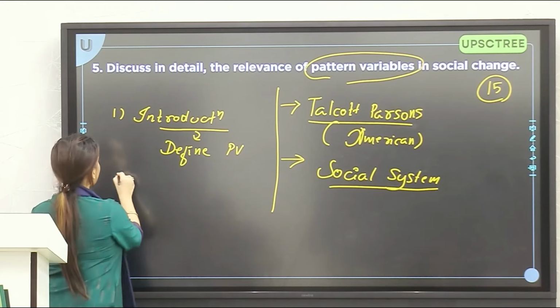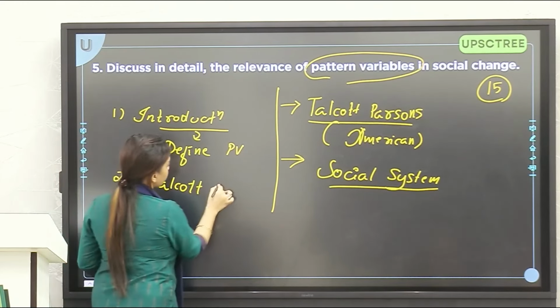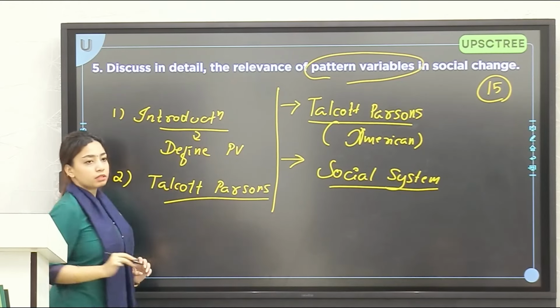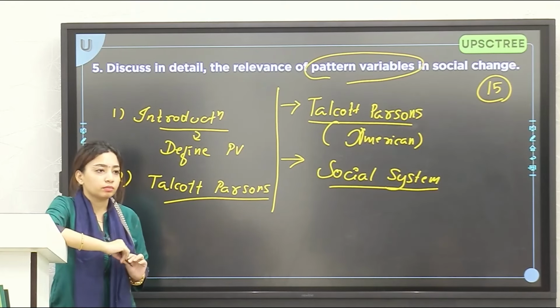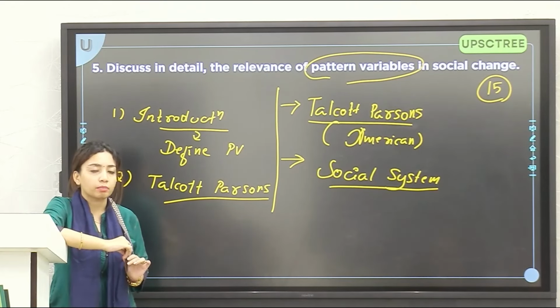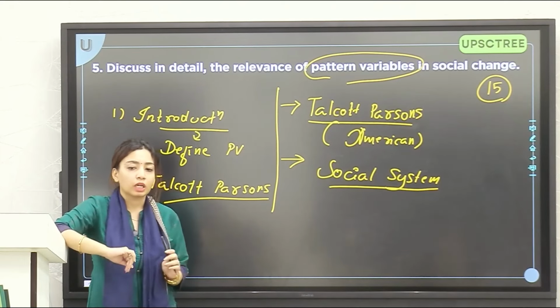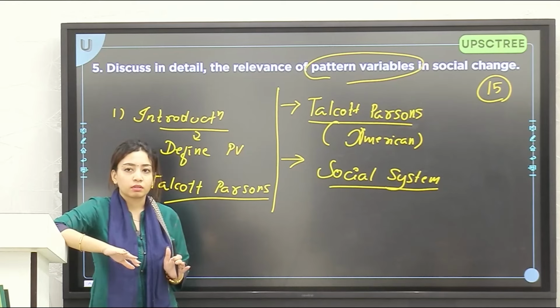The next one, you can talk something about Talcott Parsons, what was the significance of him giving this. Why did he give this theory, social system or pattern variables? What exactly are pattern variables? Don't be dumb, look at your notes. It's all there in your answers.